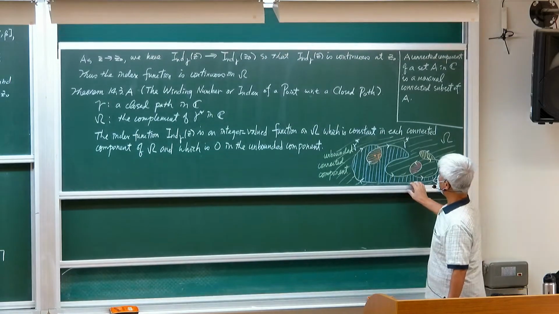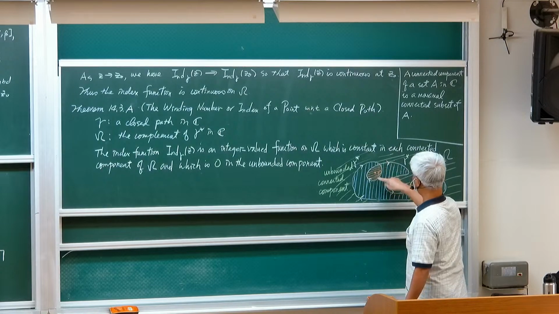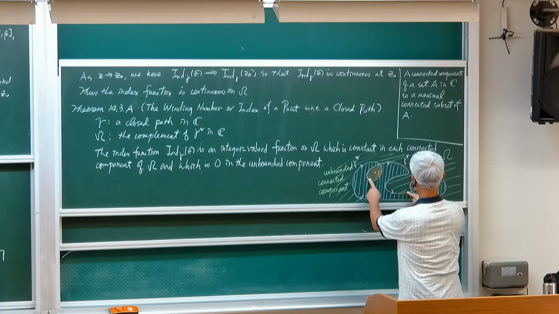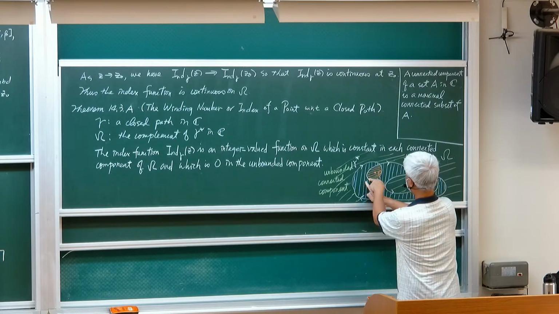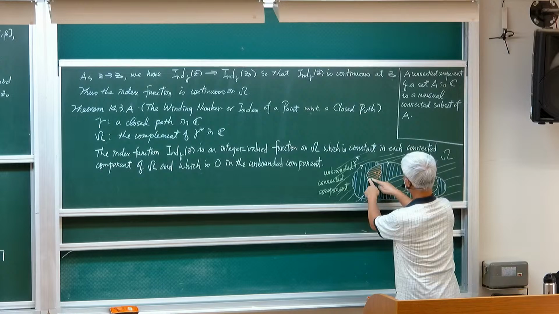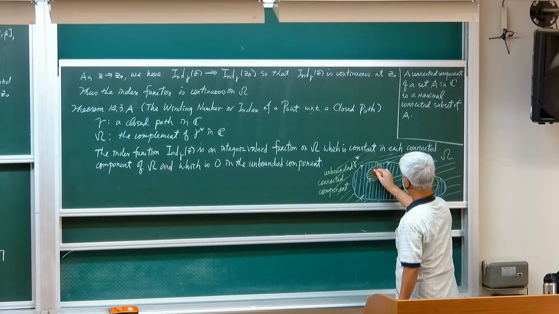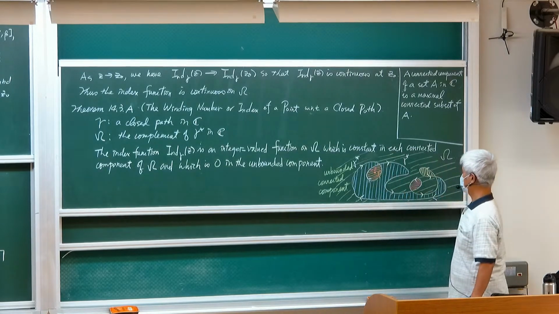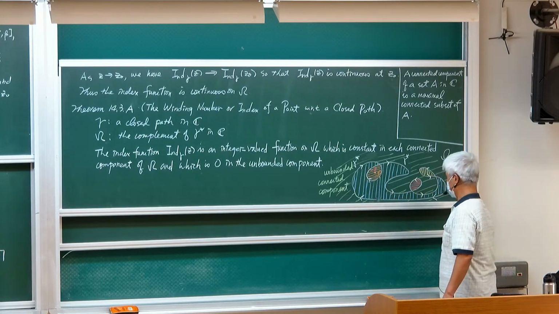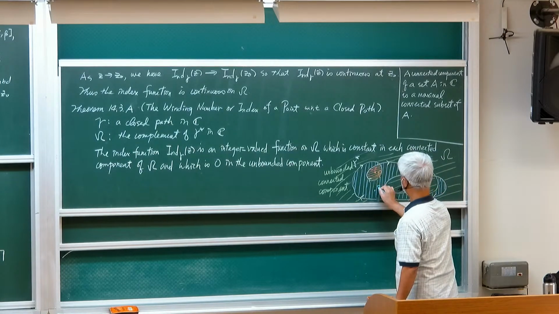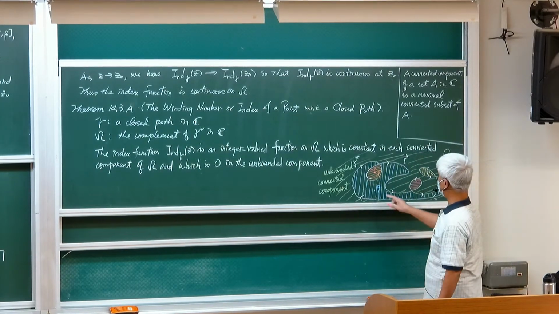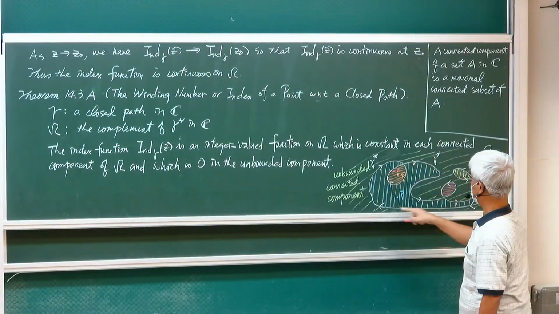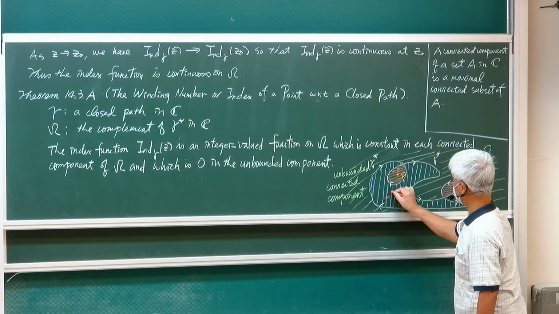And for this one, because this way is clockwise, we go there, here, and then again. So this is -2. And a point here, what is the winding number? There is no effect, so this is -1.